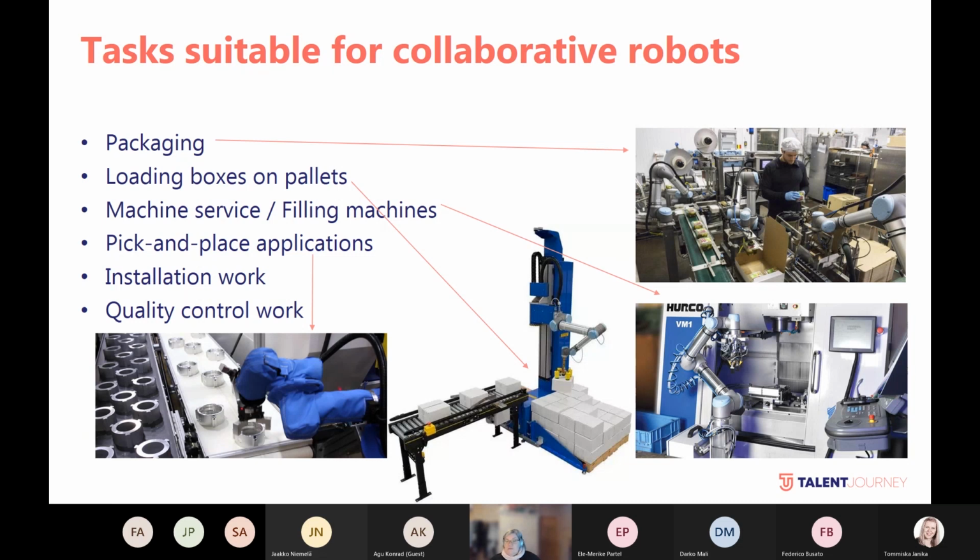Yeah, gluing stuff is very good because we can add machine vision and we can follow the line, for example. But also, if we know where the object is, we can glue stuff. And decorations on objects.